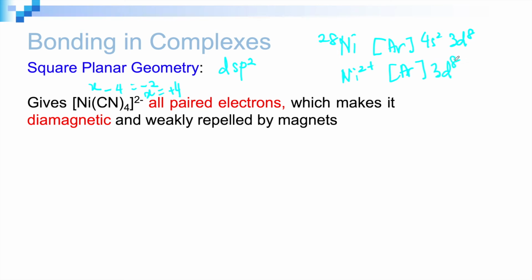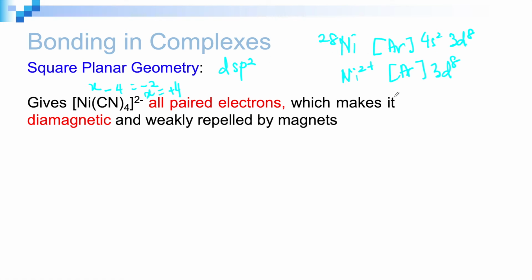Ar 3d8. Okay, but in this case, because the cyanide here is actually one of the strong ligands, what happened here? This complex will have a diamagnetic property and also be weakly repelled by magnets.